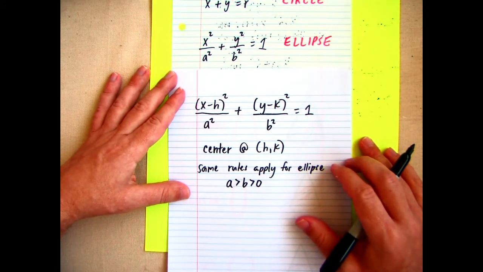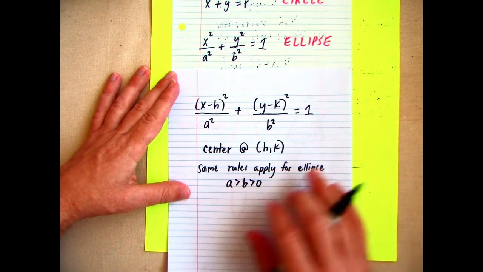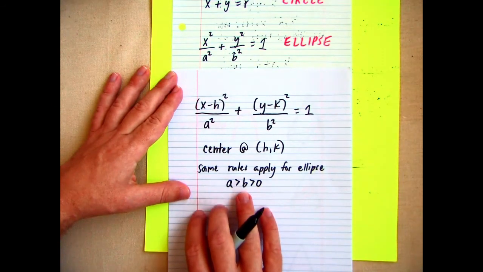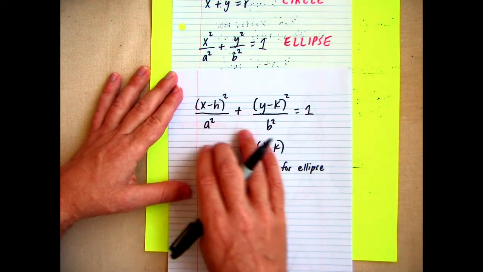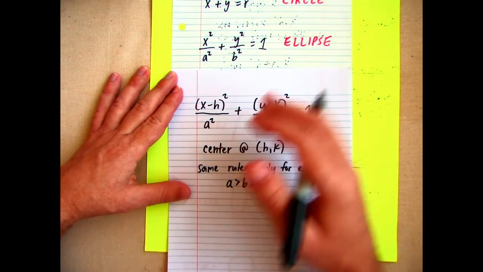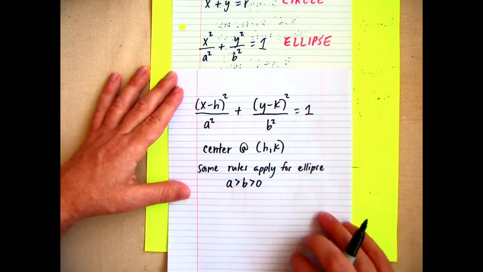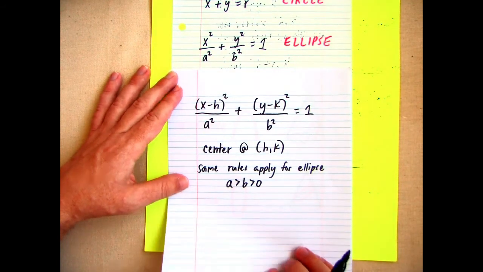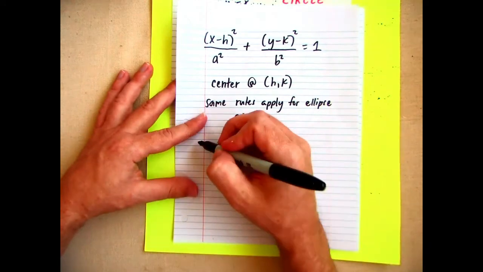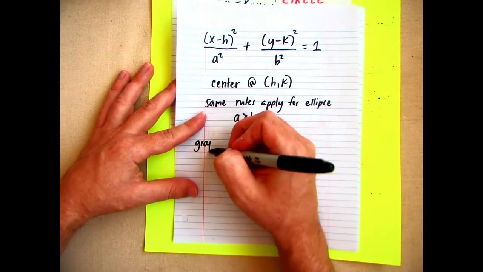If a squared is under x, the ellipse is wider. It's longer left and right than it is up and down. If a squared is under y, then the ellipse is taller.